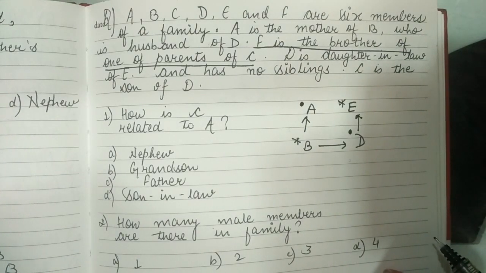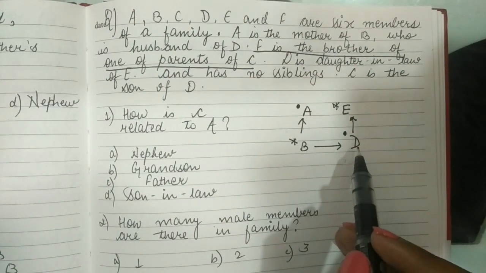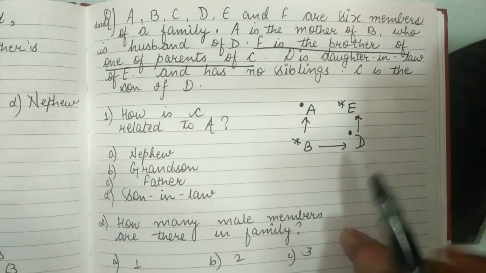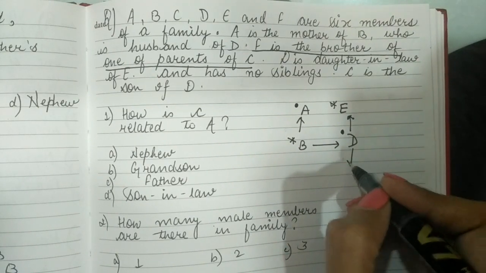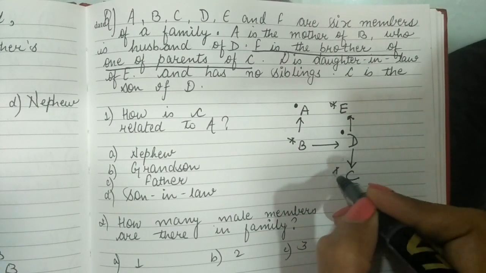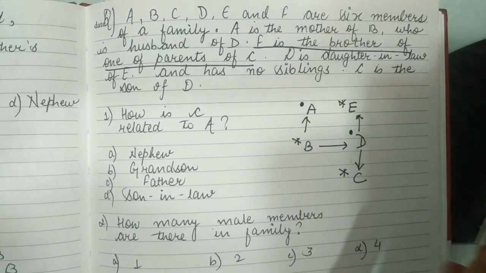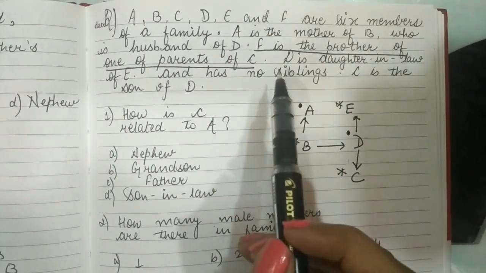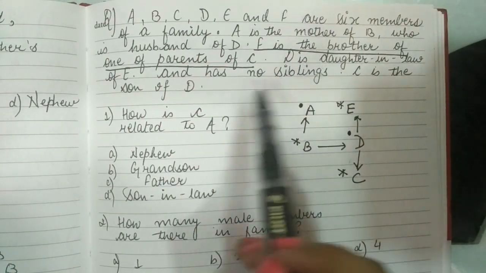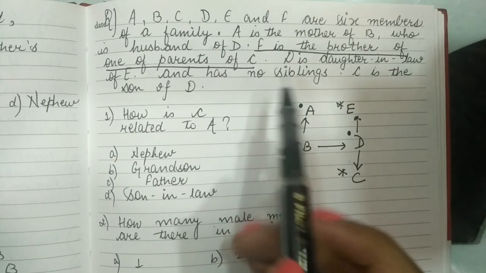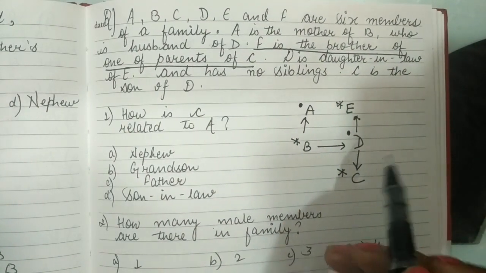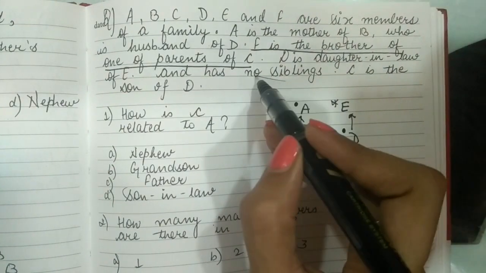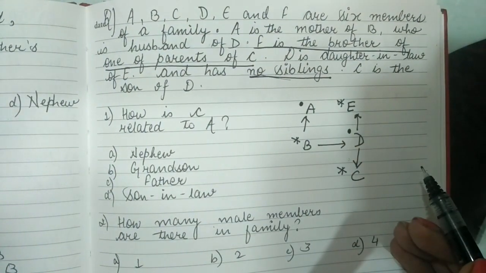Next, D has no siblings. D has no brother or sister. Next, C is the son of D. The son of D is C, again a male member. Now come back to the line that we have left. F is the brother of one of the parents of C. F is the brother of either B or D. But in the question it is clearly mentioned that D has no siblings.